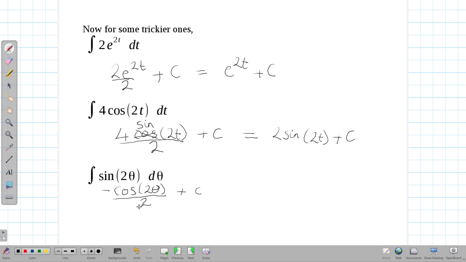And my recommended way of doing these is do them in bits. I'm just going to delete this and do it again. Do it in steps like this. So what I would recommend is, you always know when you've got a sine function or cos, it always becomes the other one.